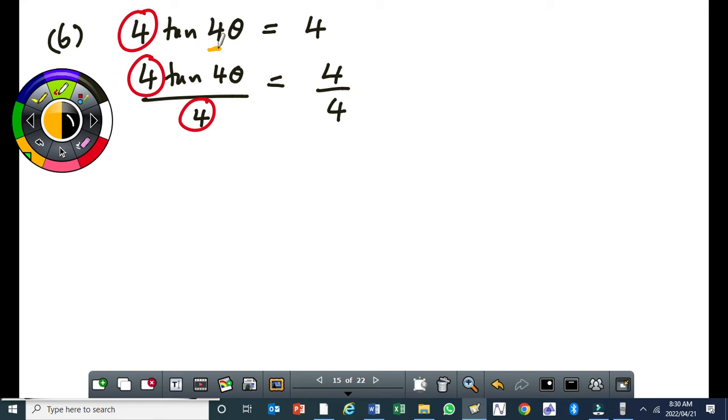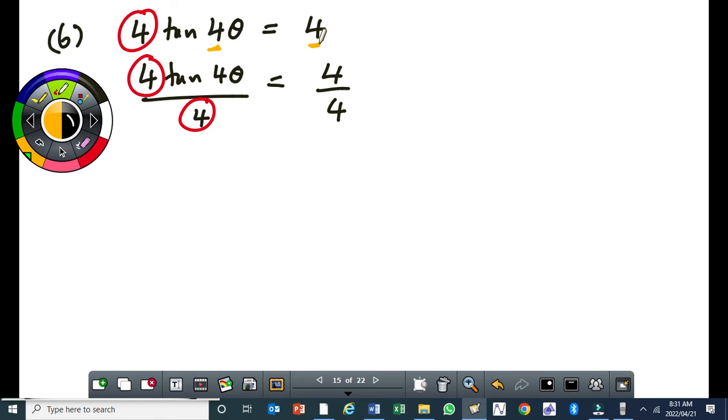Don't stress yourself about this 4. Don't do anything to it at this stage. Don't even think about dividing both sides by that 4. So first we have to isolate the tan 4 theta by dividing both sides by the first 4.